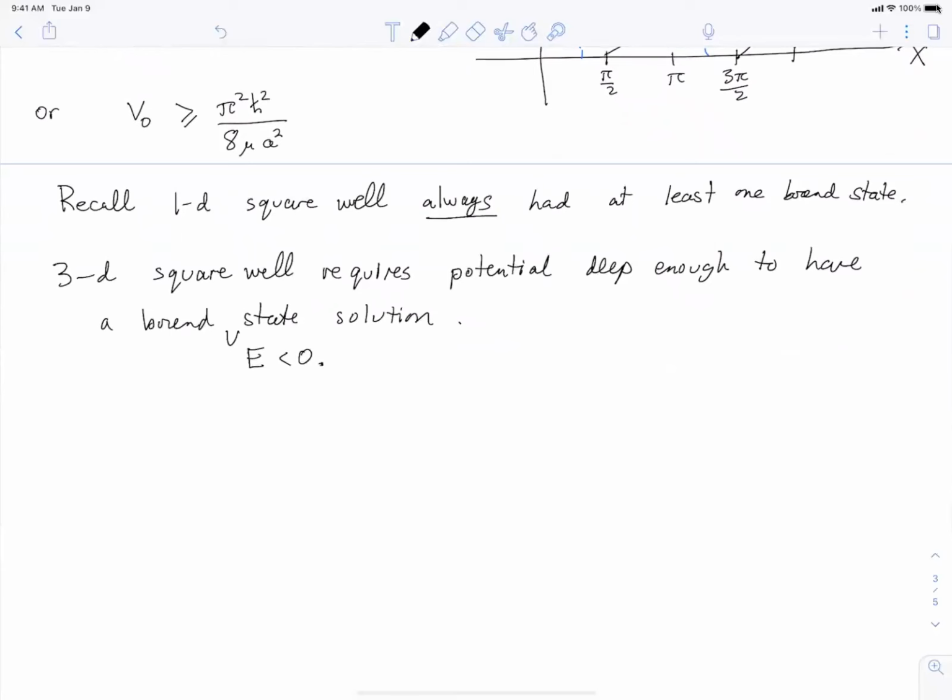Again, it's important that this is talking about bound state solutions because you always will have a solution if the energy is positive, which are unbound states. Okay, but we're not going to talk about those until next semester.